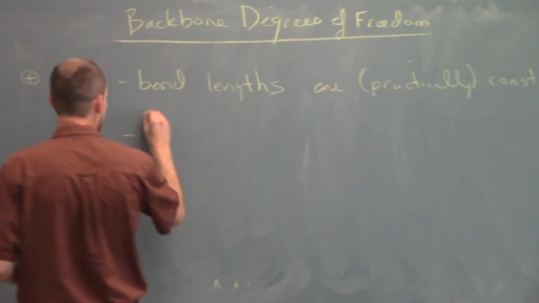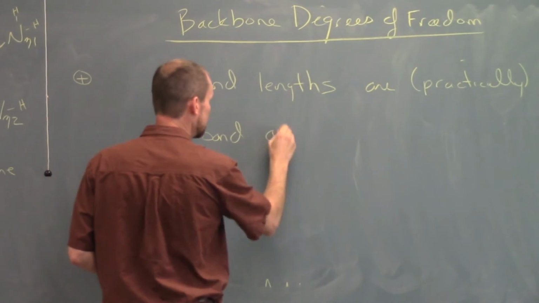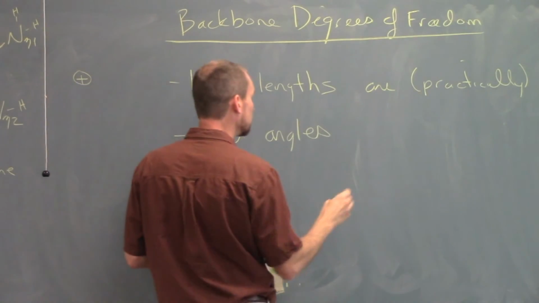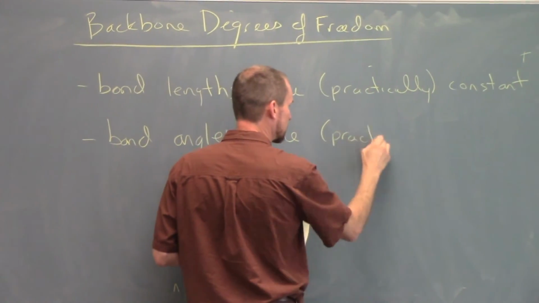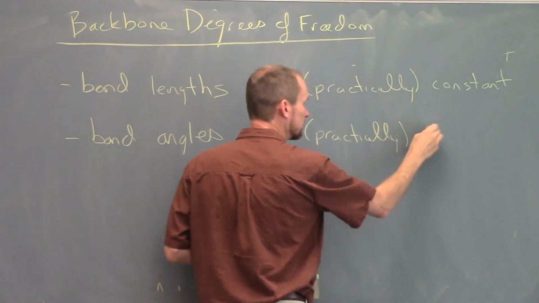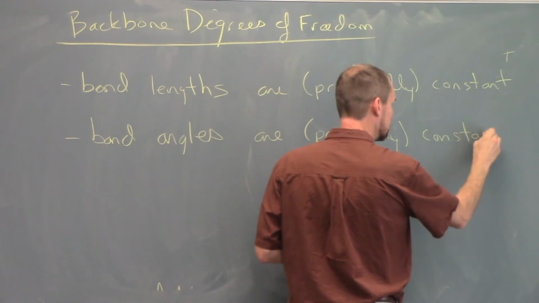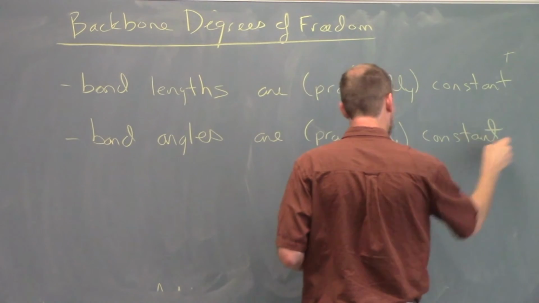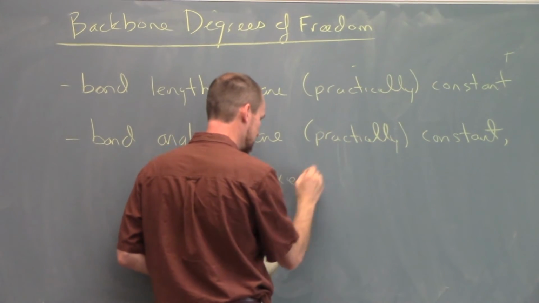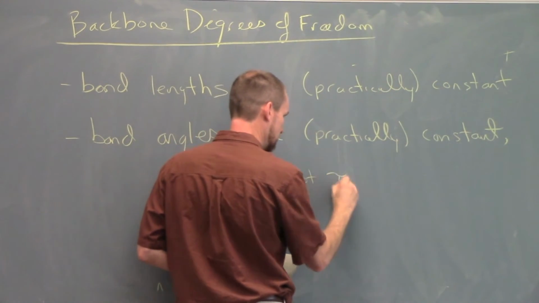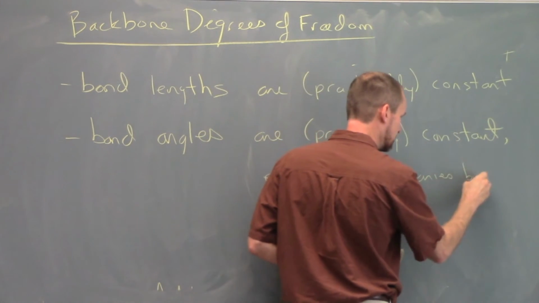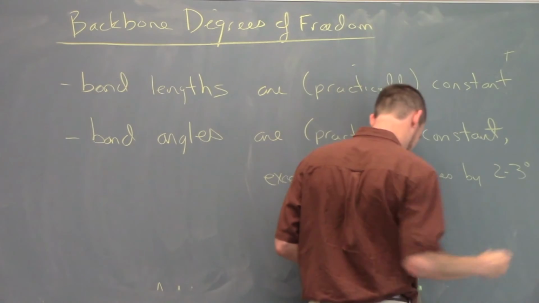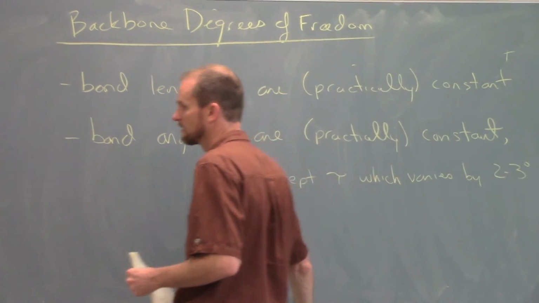Turns out that bond angles are practically constant, except tau, which varies 2 to 3 degrees. Okay, so I didn't show you tau.